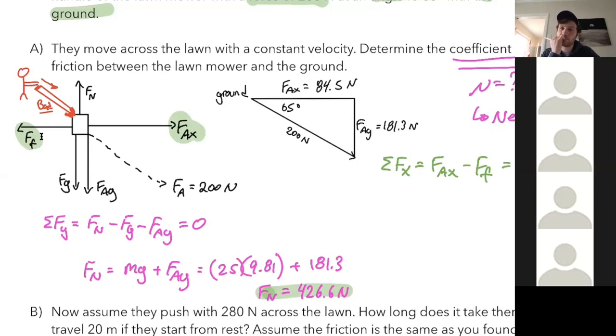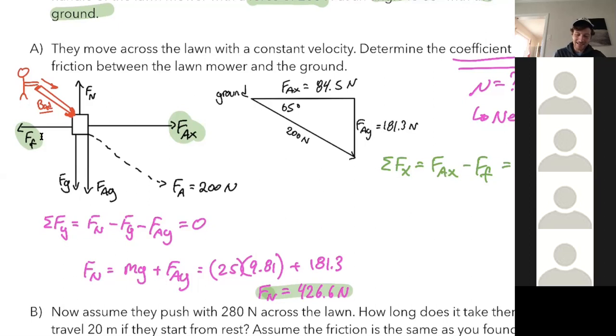Anybody have an idea? I'm going to toss it in the chat. What's our acceleration? There's a little tiny hidden hint in the question. Why would acceleration equal 0? Constant velocity.